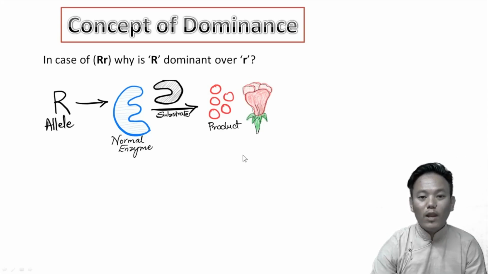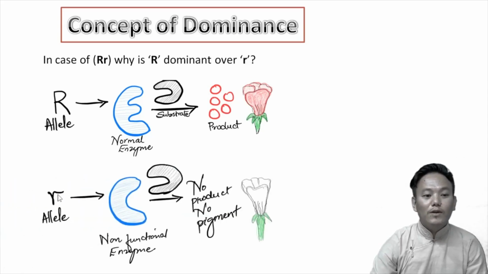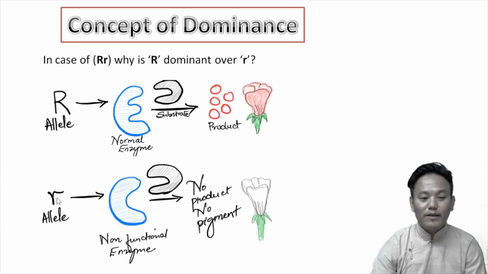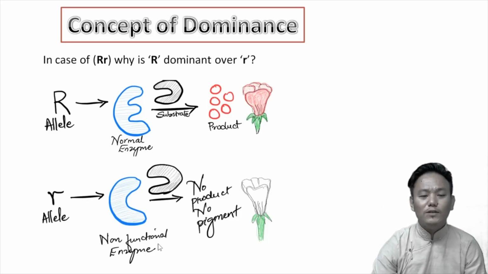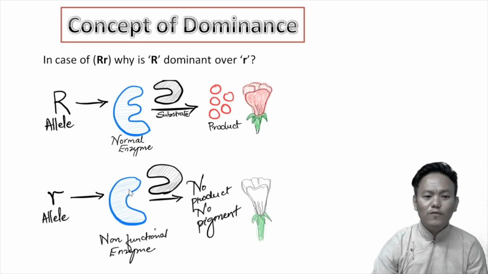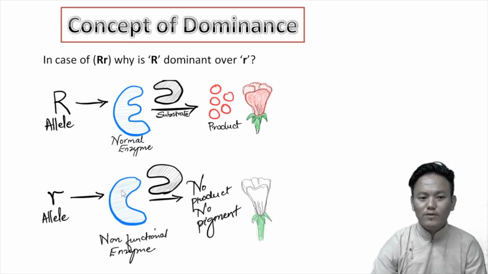What about the small r? The small r is a slightly different, modified version of this allele. It produces a different kind of enzyme which is non-functional. The enzyme is non-functional because it cannot bind with the substrate. You can look at the structural difference.